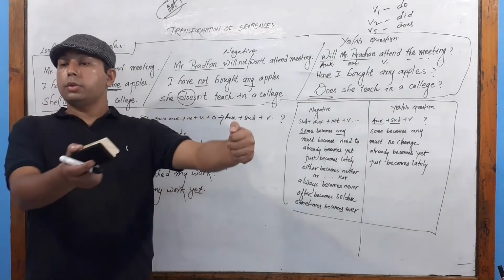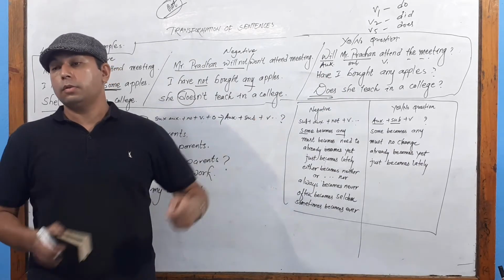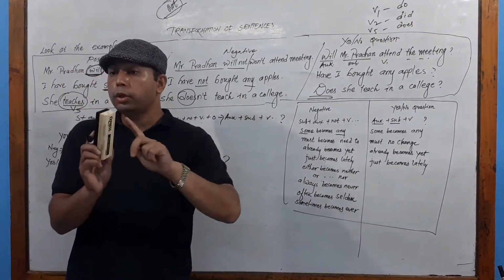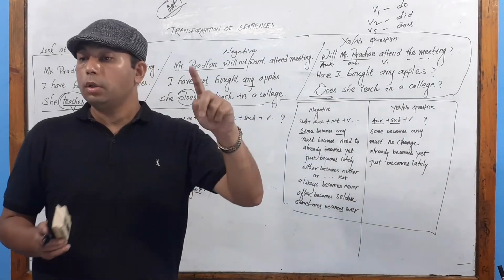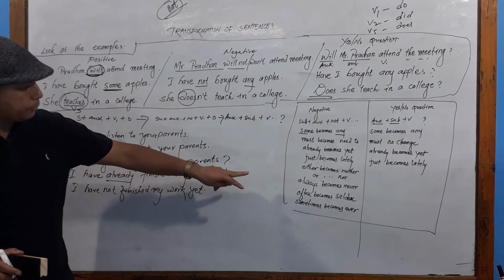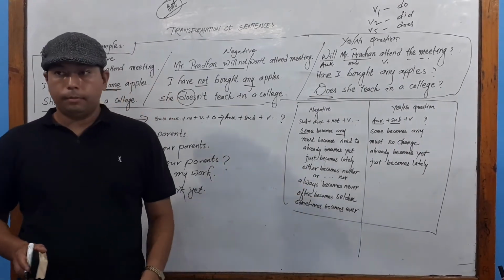I always go to school. She never goes to school on time. Once 'never' is used, we do not have to change into 'not'. Okay, so often becomes seldom.